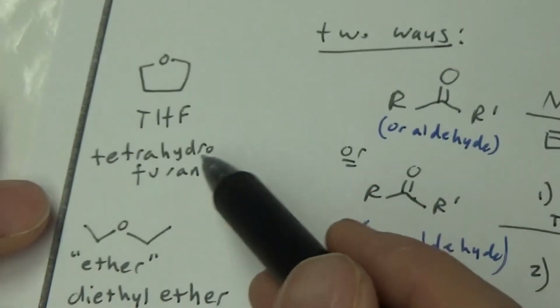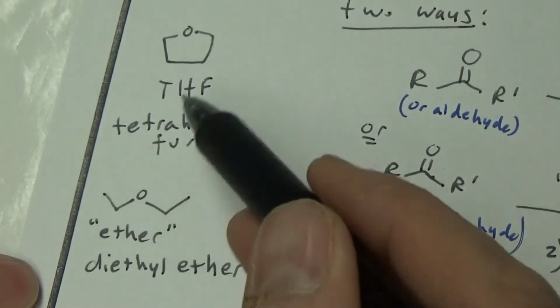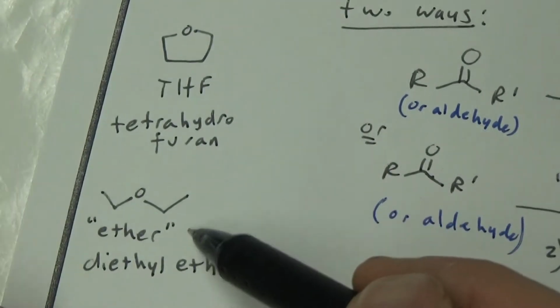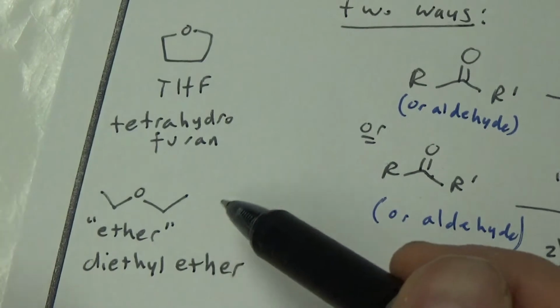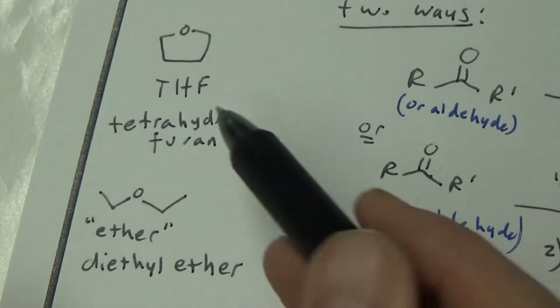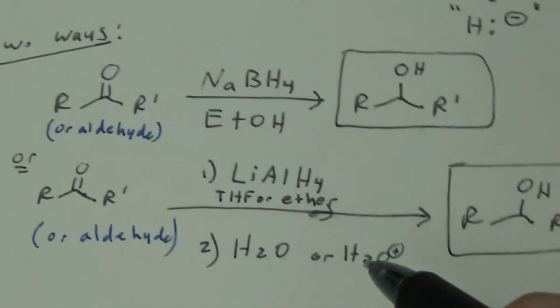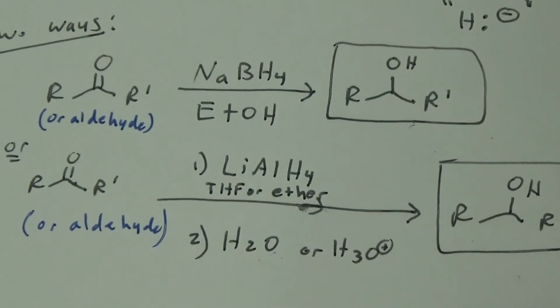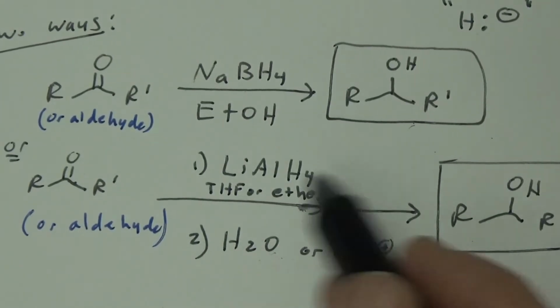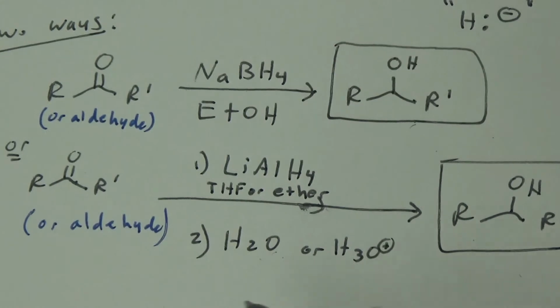Tetrahydrofuran is also really flammable, but both of these we can use safely in the laboratory. It's not that big of a deal. Just don't have a Bunsen burner going with your ether or THF. Okay, so those are the two. These are general examples, and we'll go through the mechanisms in a second.